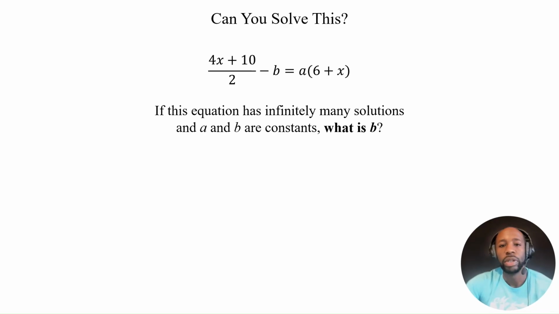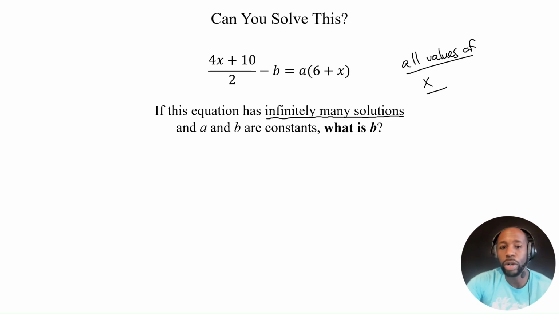Now, here's the deal: if we have infinitely many solutions, all values of x are possible. That said, looking at this, I want to find a way to eliminate some of this stuff so I can solve for b.